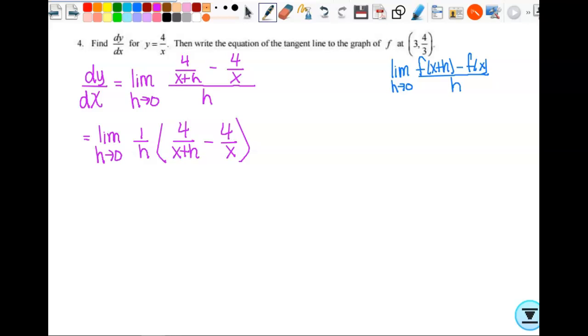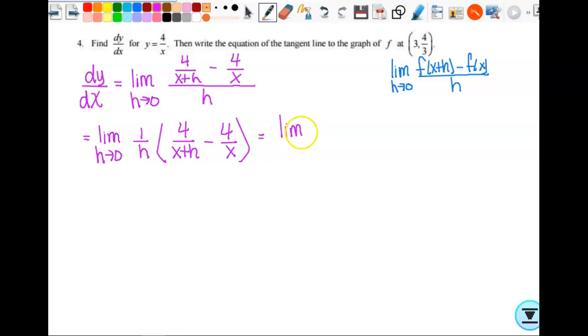Because basically I could just put this over 1 and multiply by 1 over h. That way, when I do that and I'm dealing with my common denominators here, I don't have it in like a big fraction and a fraction, and it's less of that mess happening. Okay? So does everybody understand how those are the exact same thing? Okay, just making sure, because again, don't want to add to confusion. I'm trying to make it easier.